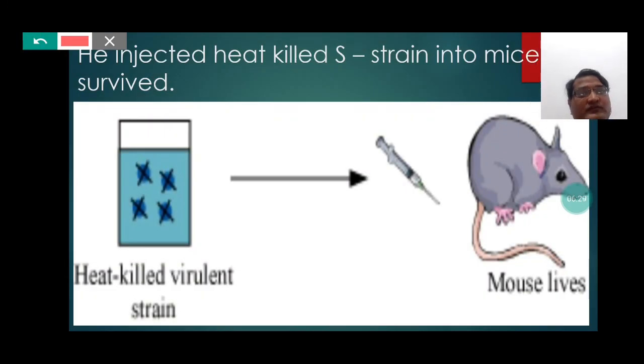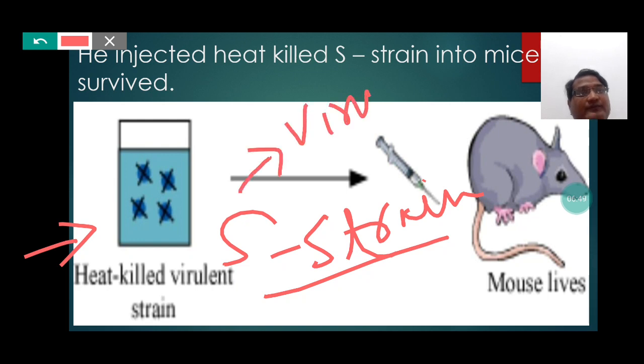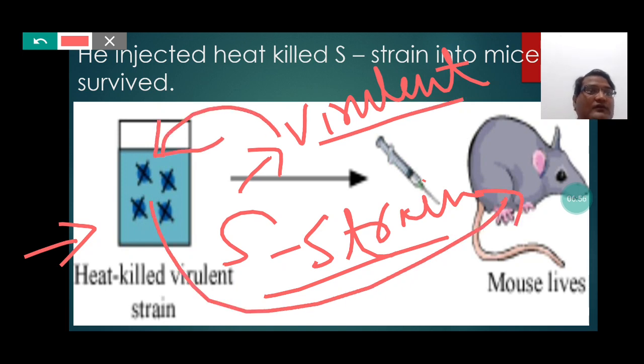So students, this picture also can help us to understand that when the S strain of the Streptococcus pneumonia bacteria, which is supposed to be the virulent bacteria, was injected into the mice, then the mice was able to survive because the S strain was heat killed.